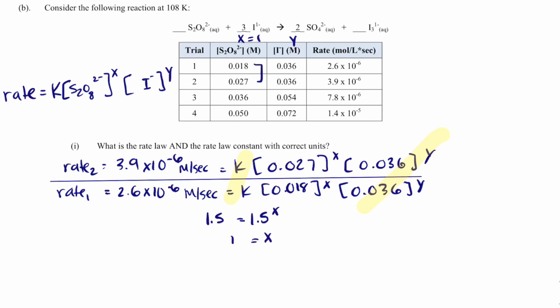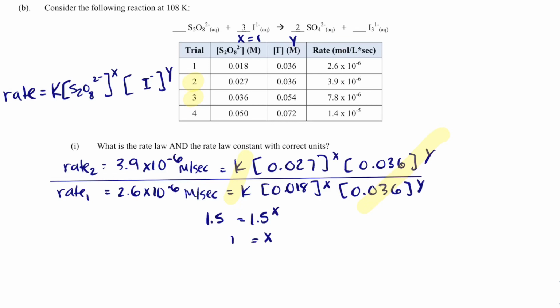Now here's why I put this question on here. There is no way to get x to cancel, because all my x's, or my S208, those are all different. So what I want to do is pick 2 experiments where y doesn't cancel. And so I've picked 2 and 3, but you could pick pretty much anything except 1 and 2.